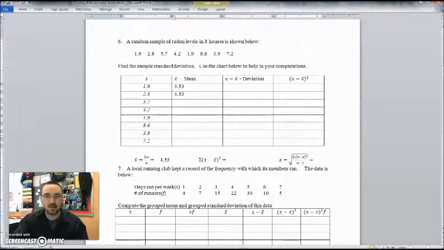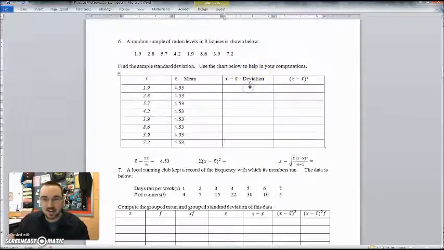Okay, so I'm just going to copy this down. So 4.53, 4.53, and so on. And again, we need our mean in order to calculate our deviation here momentarily. So we have 4.53 as our mean.